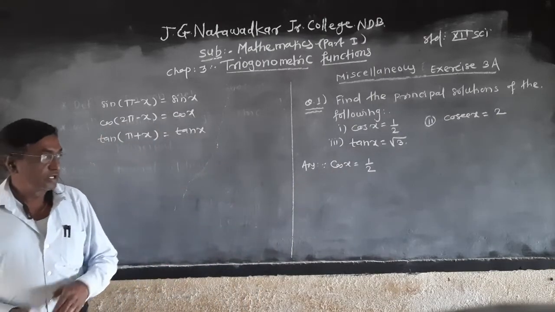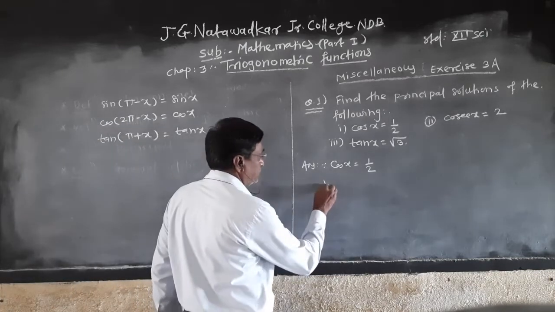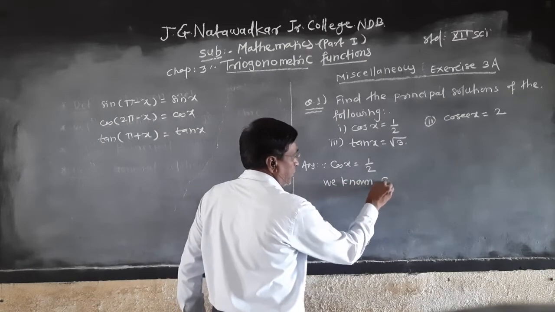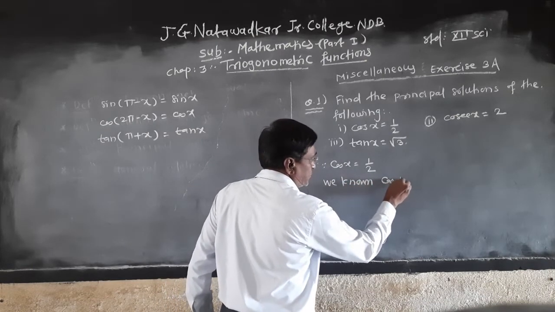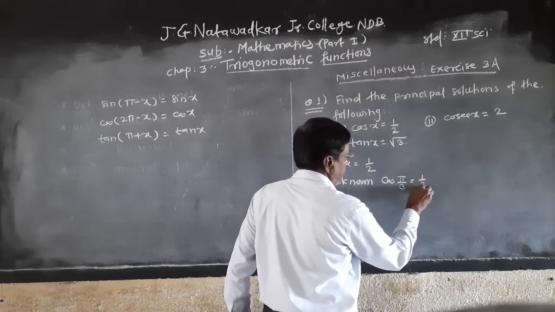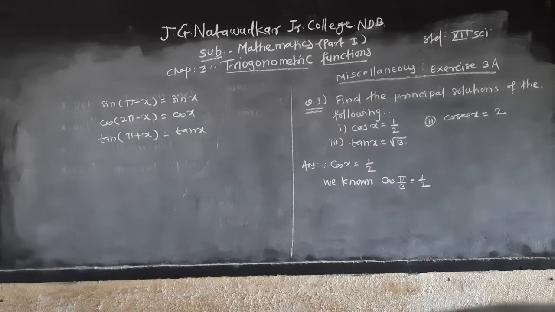It is at 60 degree. Means we know that cos of 60 degree, that is pi by 3, is equal to 1/2.